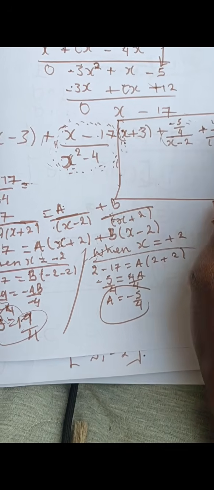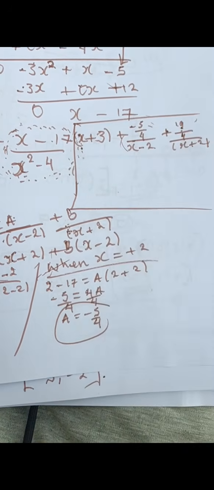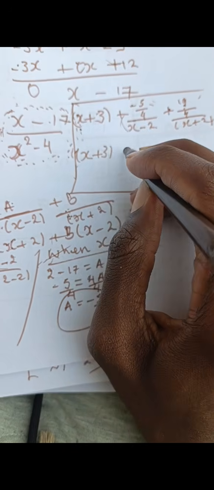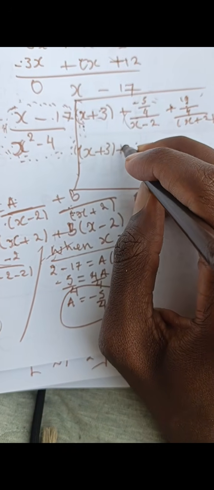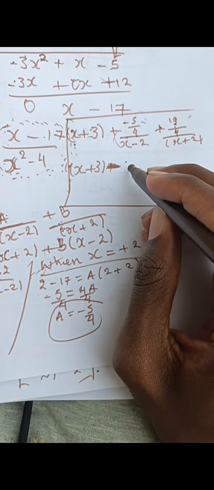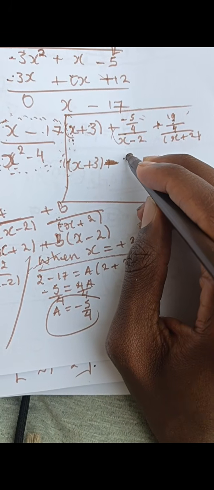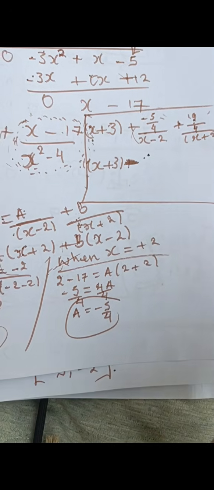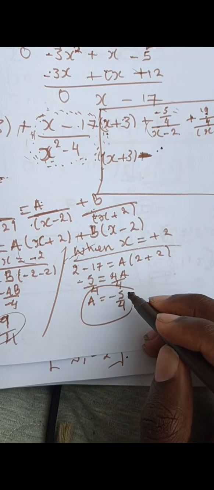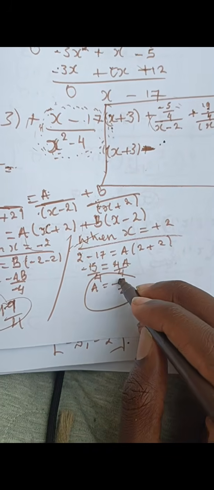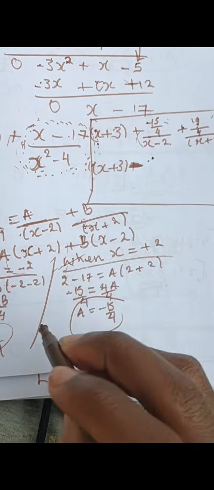So when you simplify each fraction, you're going to end up with x plus 3 plus, no, actually this will even change to minus because of this negative. I think there must be some mistakes here. Why am I writing 5? It's supposed to be 15.